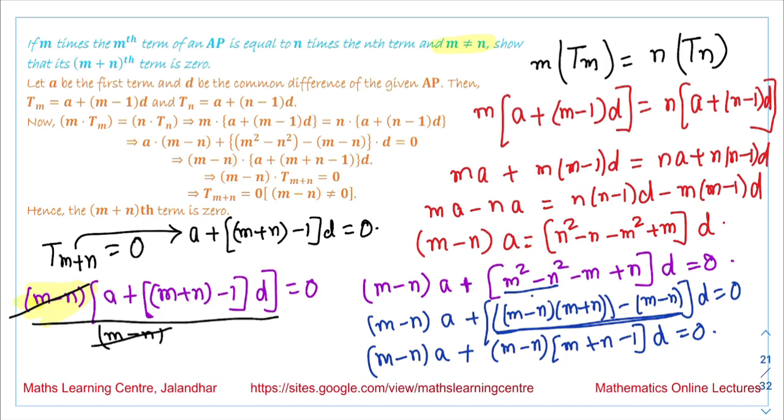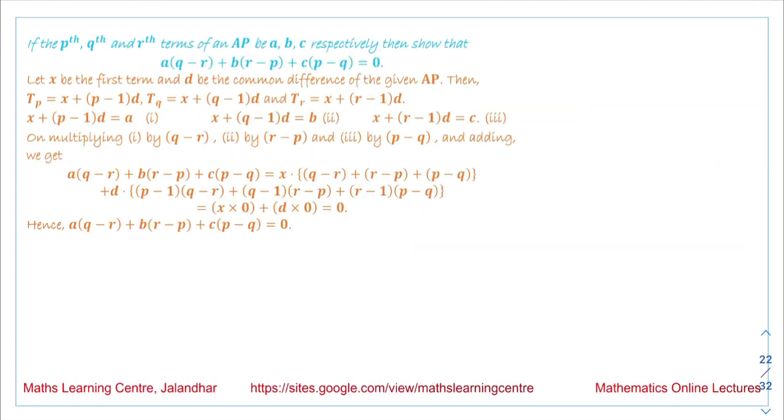That is the general (m plus n) term. It is given by a plus (m plus n minus 1) d, and the answer we are getting for this term is 0.